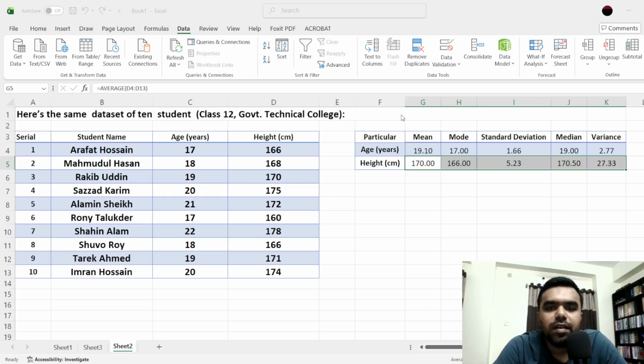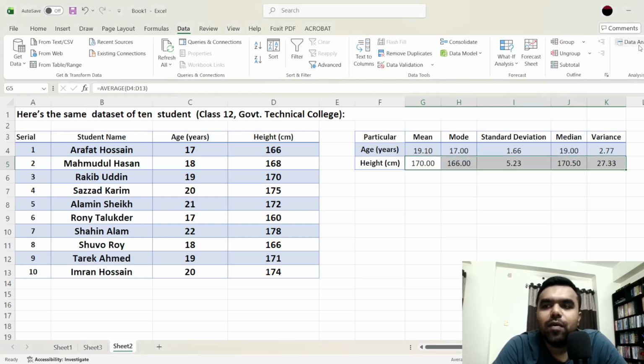and click OK. And now we see the data analysis. The data analysis tools have been found in the ribbon on the right side. We can see the data analysis part.